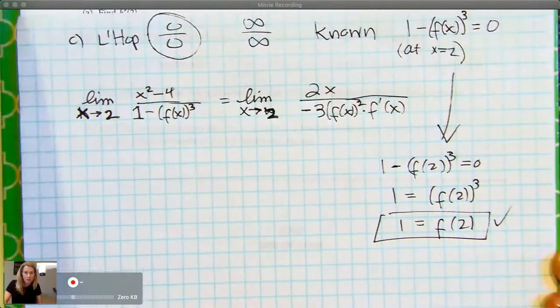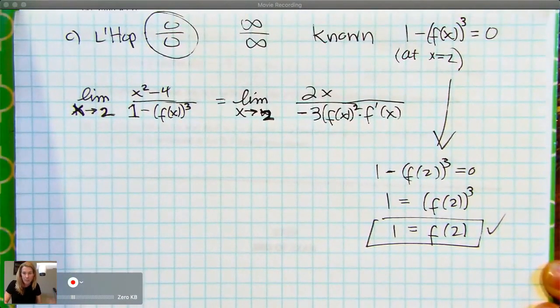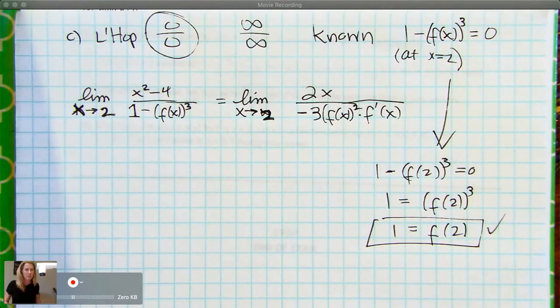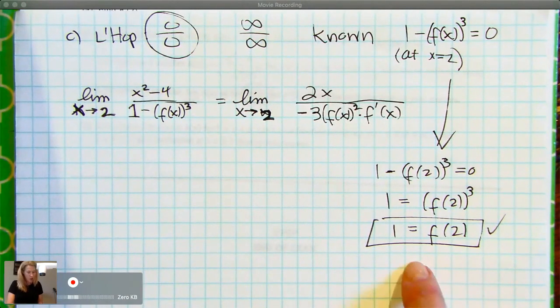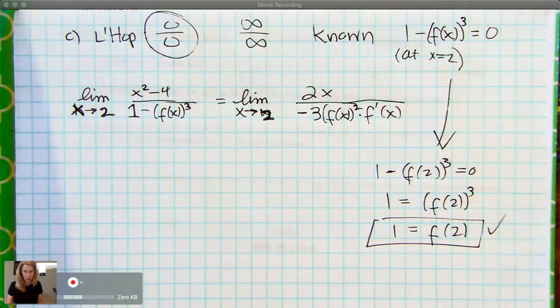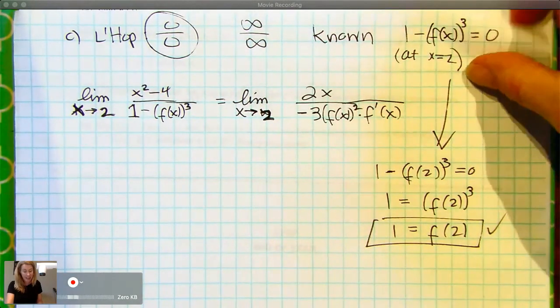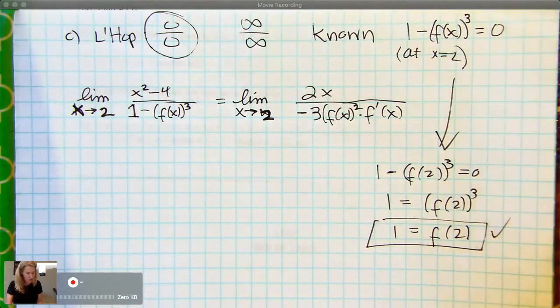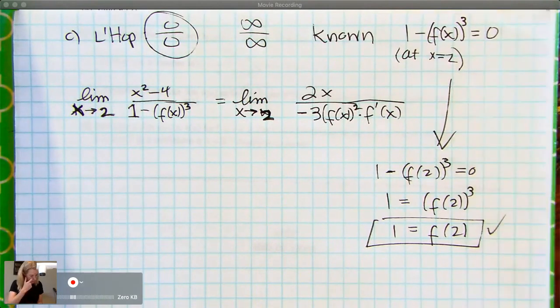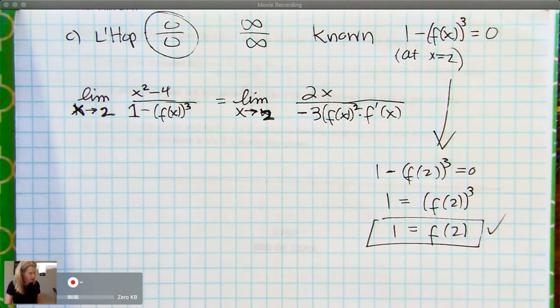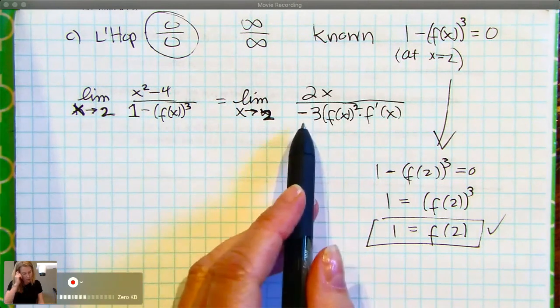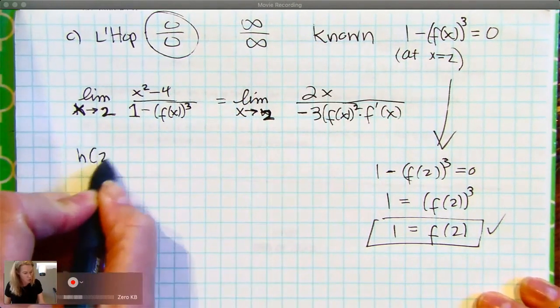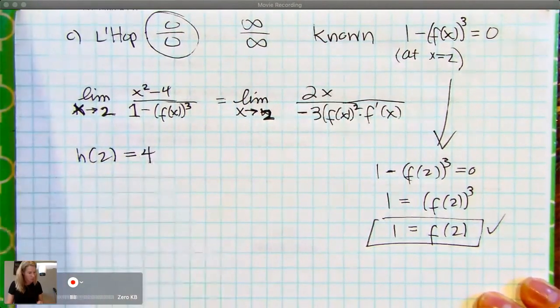Oh, I'm sorry. Can you see it better now? Okay. So that was the first part of the question, which was find f of 2. The next part of the question is find f prime of 2. So what do we know? We know that h of 2 is supposed to equal 4.